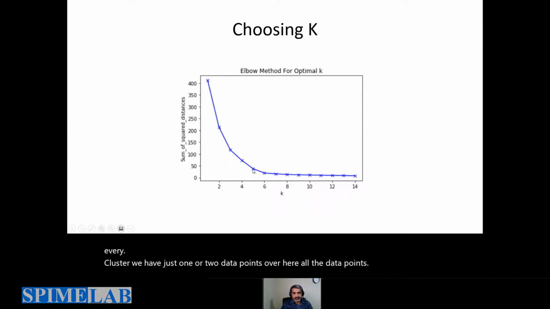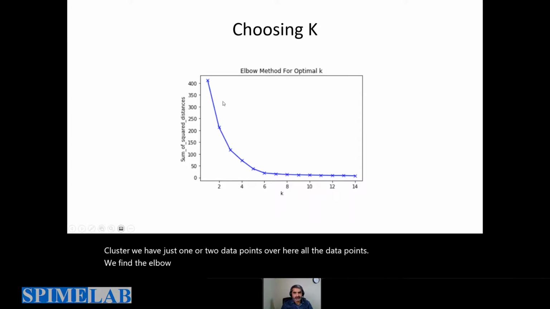We find the elbow point for this. So around that elbow point, 4, 5, or 6 are the natural kind of clusters in the data. That's why it's called the elbow method to select k.